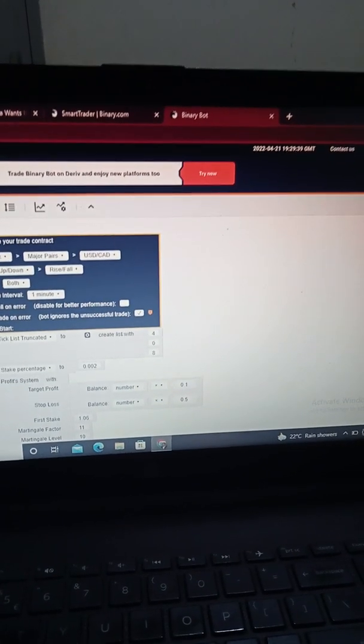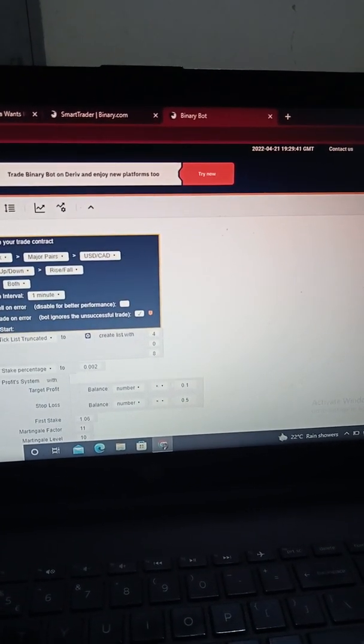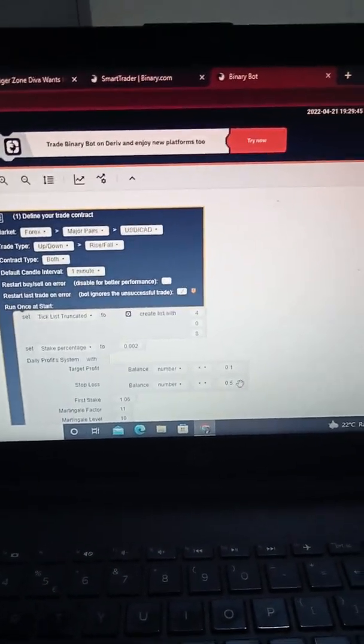But if you have loaded your synthetic indices and you want to trade using the bot, the first stake will be 1.06. It doesn't necessarily have to be in dollars. That's just the standard first stake for the bot.